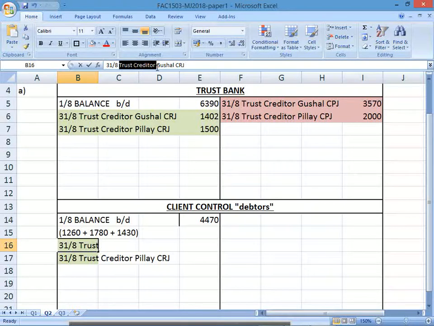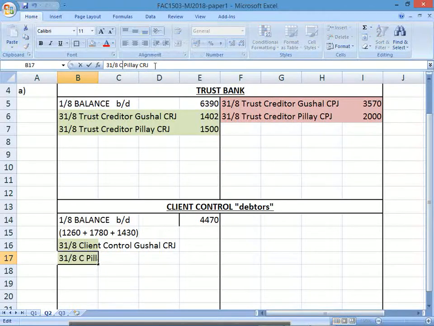I'm just using that to save time. Client control. And then the same thing here, client control. No, you can't write client control and client control. Fees income.